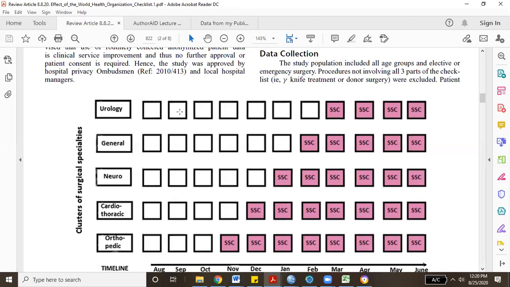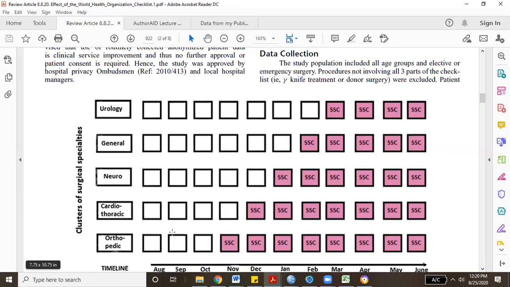So what the authors did, even if they were assigning some patients to the treatment group and some to the control group, they didn't do that all at the same time. They followed a particular process, meaning they did the assignment in stages, maybe every 2 months, every 3 months, every 6 months, until they completed the process.